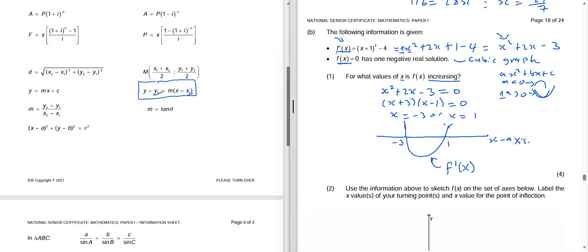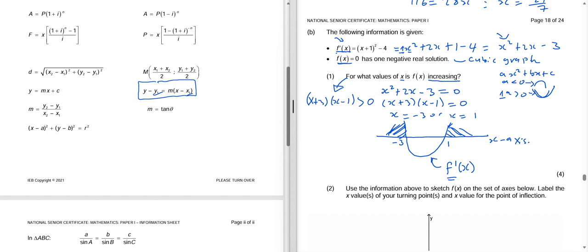Now, whenever we are above the x-axis for f prime of x, f of x will be increasing. So it means now that this is the region that we are interested in. So usually this question is interpreted, I can interpret it as x plus 3, x minus 1 greater than 0. So usually they could ask something like that.